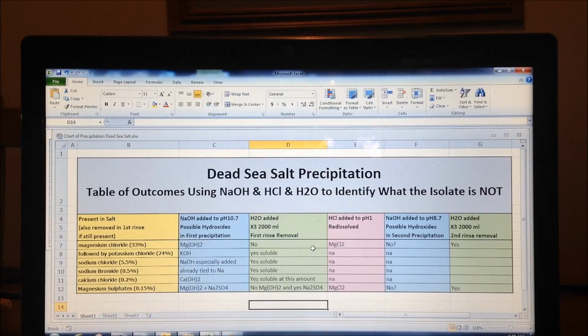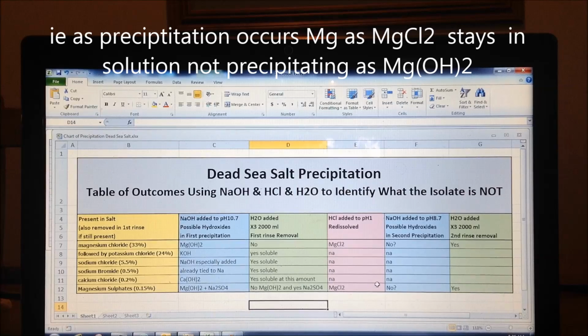And when we come to the hydrochloric, all these get washed out, and then when we come to redissolving down to pH 1, then the magnesium hydroxide all goes back to magnesium chloride, and then as we begin the precipitation, then we leave this in precipitation, is what we're saying.